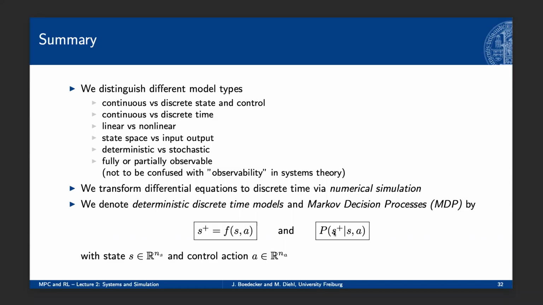And we have the state in state space and control in action space. So this is what we will use models for, and the next talks will focus on constraints, on optimization, on how to design the controllers, but they will all use this notation of systems. And so we thought it's good that we start with systems at the beginning of this school. Thank you very much for your attention.